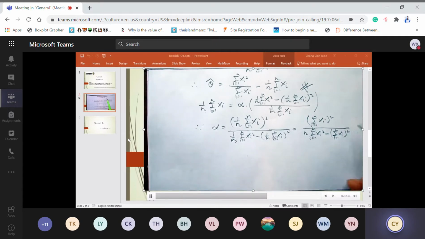So this is our estimate of alpha, and we prove the result.